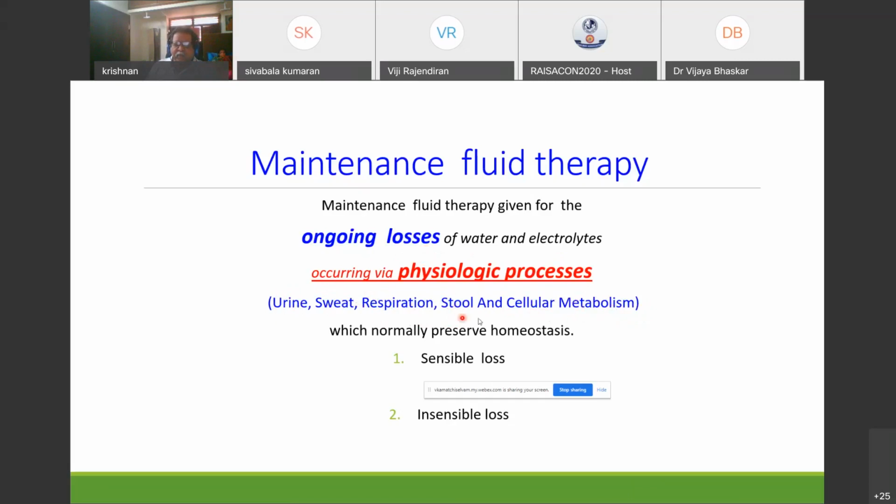Everything requires some amount of fluid. And if you leave the patient fasting without giving this maintenance fluid, they will have some amount of dehydration. So when we say maintenance, we are not giving for any losses. These are the physiological processes that normally occur in every individual, whether you are a patient or a normal person. So you will have to replace them.